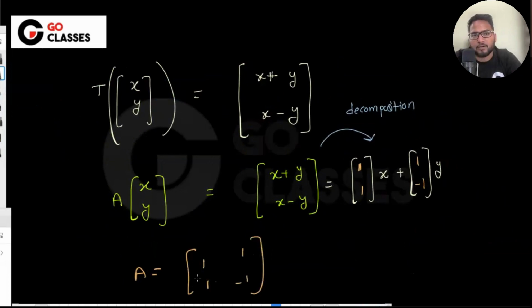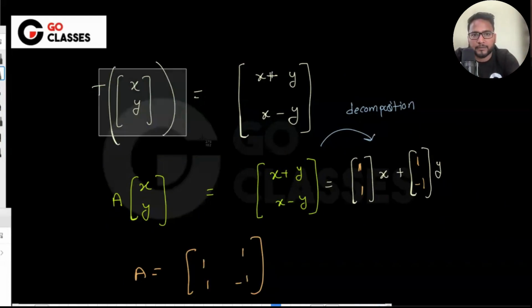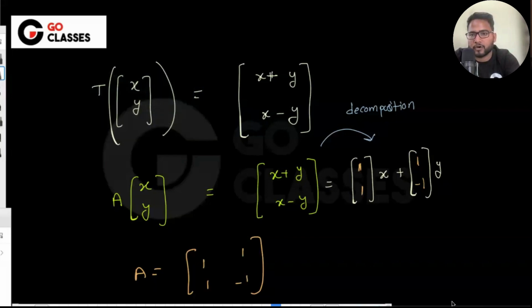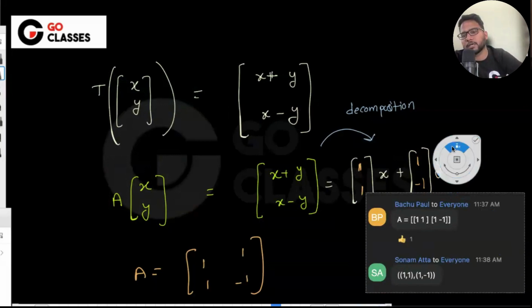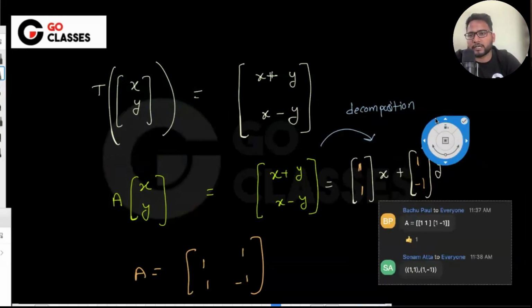Great. So many of you have already given the correct answer: (1, 1) and (1, minus 1). Let me just write it here also. Many of you gave the correct answer before I told the decomposition.